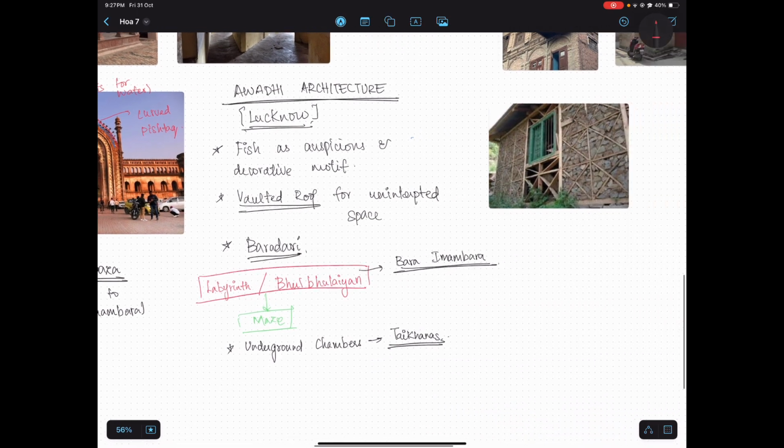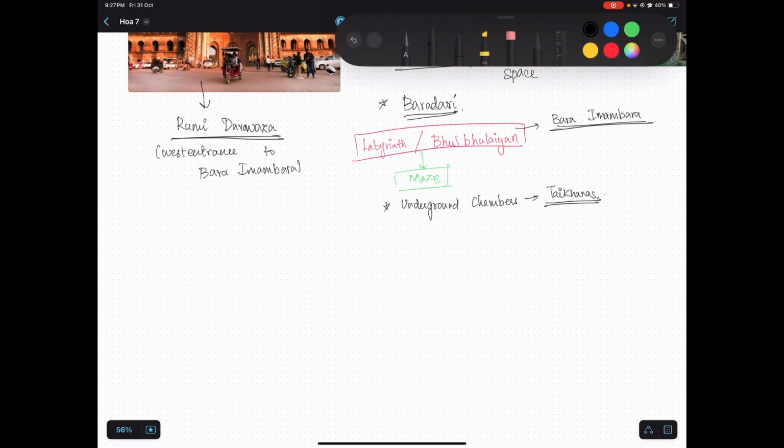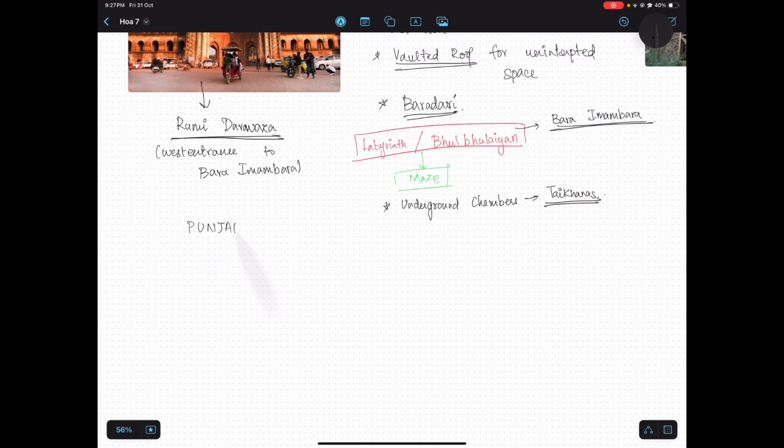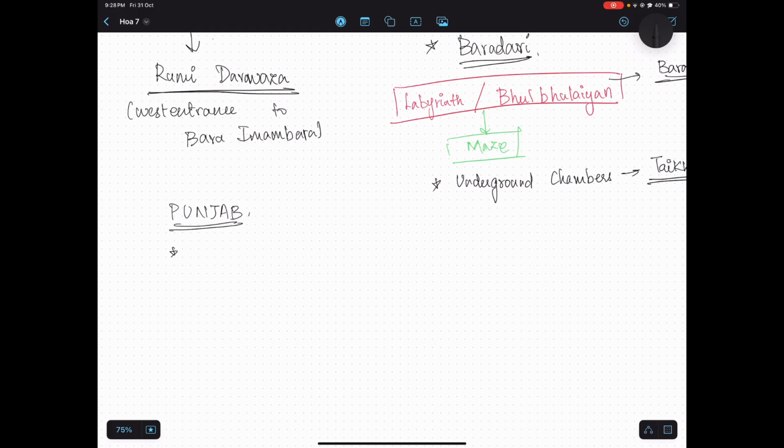Now let's move on to Punjab. There are not very distinctive features about that, but let's just know that this housed a lot of caravanserai or khanqah that we saw in the last video, which means inn for the travelers. So along the Grand Trunk Road, there were a lot of quadrangular planned serais.